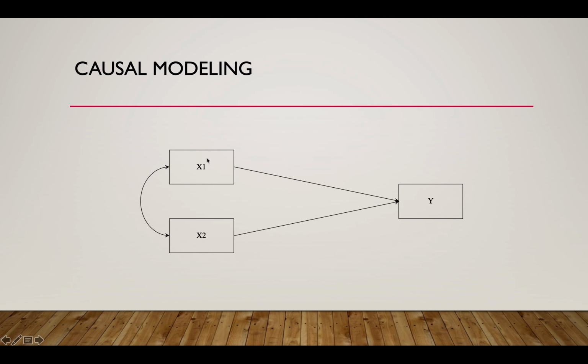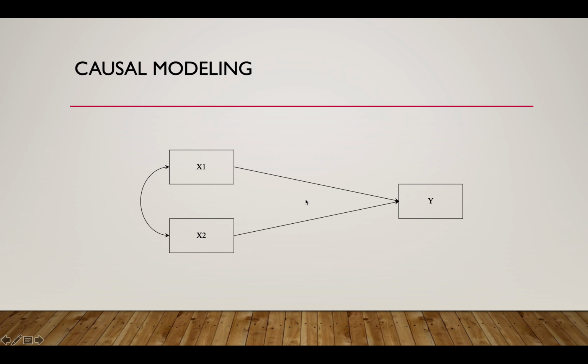This path represents a correlation between x1 and y. Then we have a correlation between x2 and y. And then we have a correlation between x1 and x2. This is a basic regression model in which you have two predictors and one outcome variable.